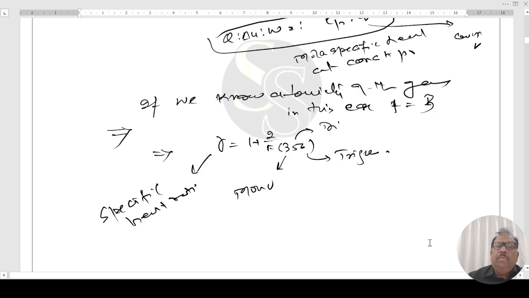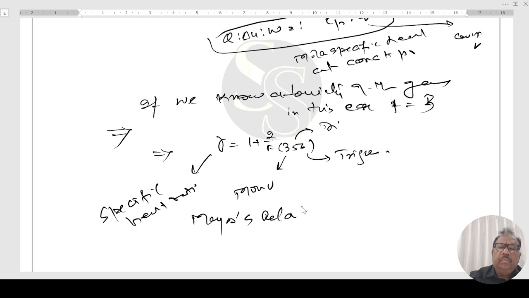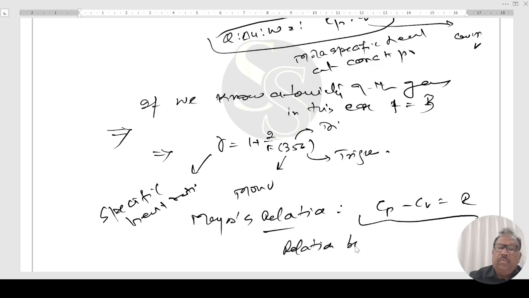Now, the relation between Cp and Cv is Mayer's relation, that is Cp minus Cv equal to R. This is the relation between Cp and Cv.